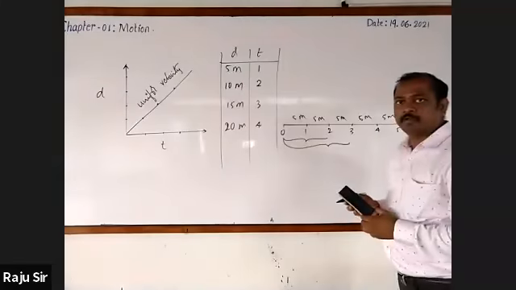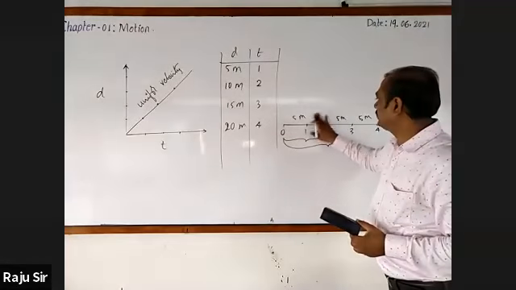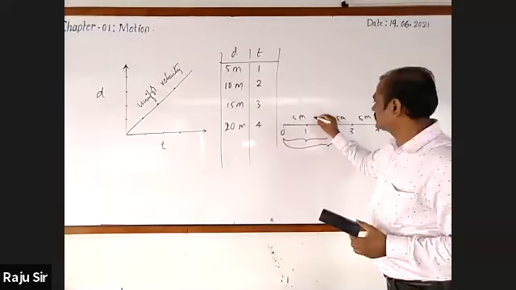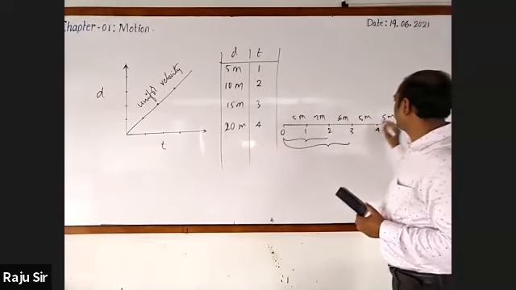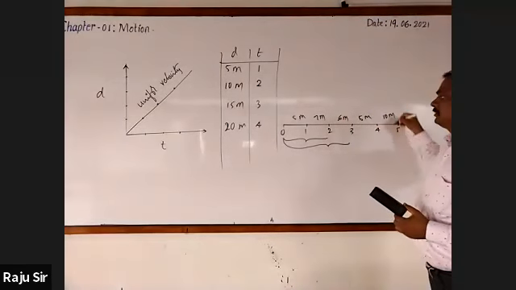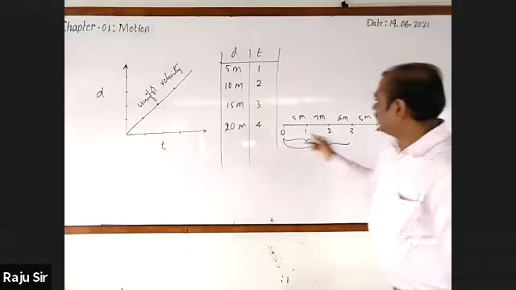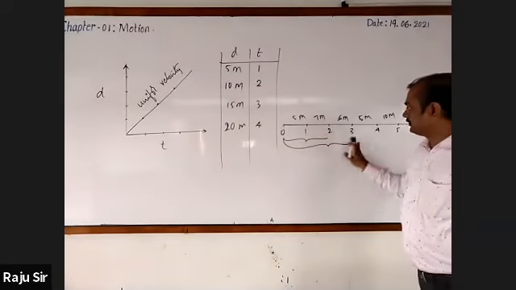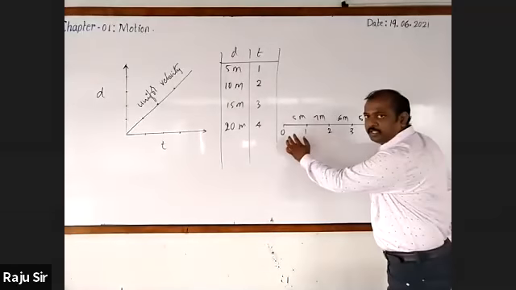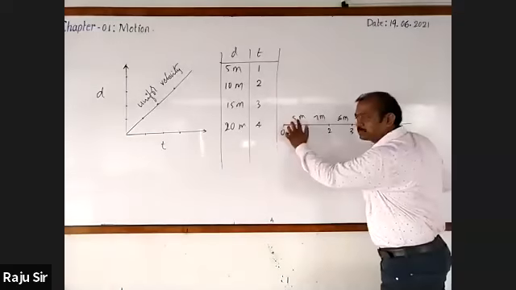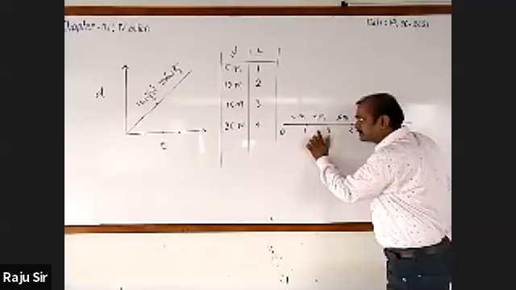Now observe it. Here, this is 7 meters, this is 6 meters, again 5 meters. Observe this one. In this case, the distance covered by the body in the first second is 5 meters.